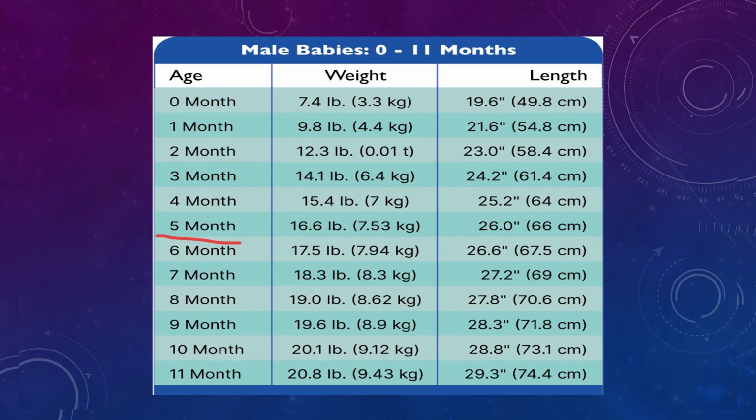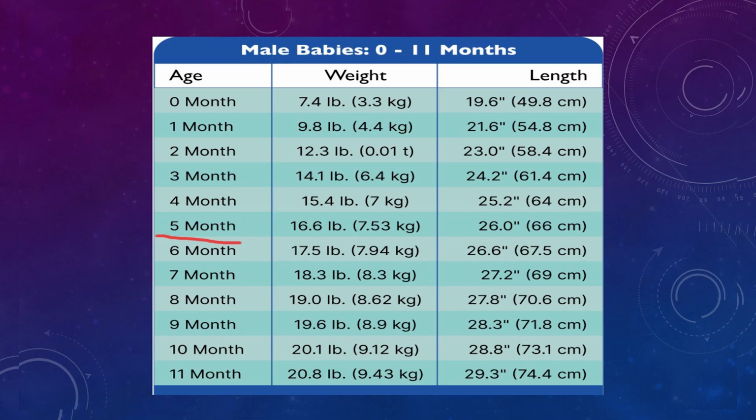Now, in this chart you can see the male baby age group from 0 to 11 months. On the very left side you can see the age group 0 months to 11 months, then the weight for 0 month, that is the very first month of life, the weight is 7.4 pounds, that is 3.3 kgs in kilograms, and the length is given in inches and centimeters, that is 19.6 inches or 49.8 centimeters.